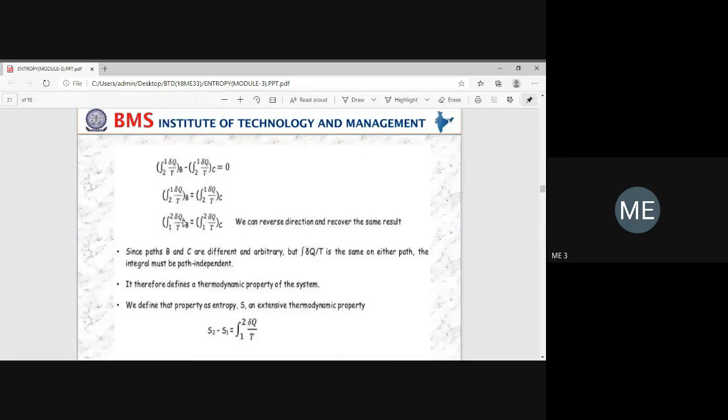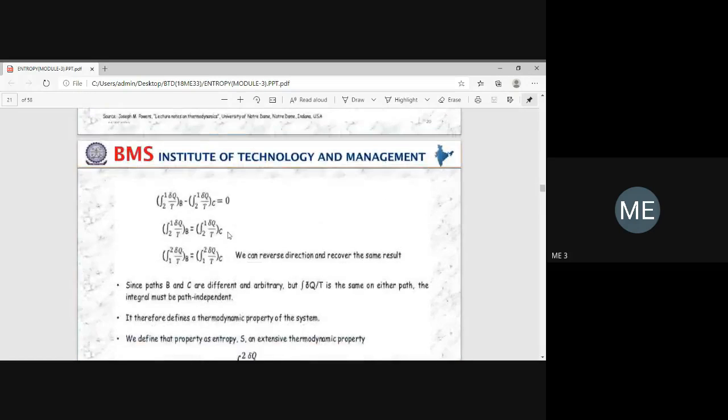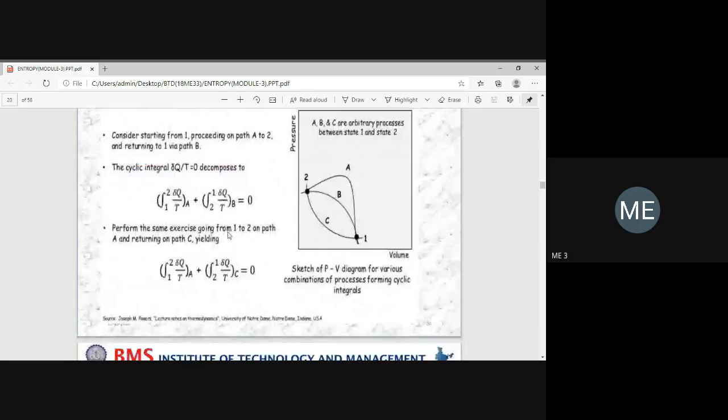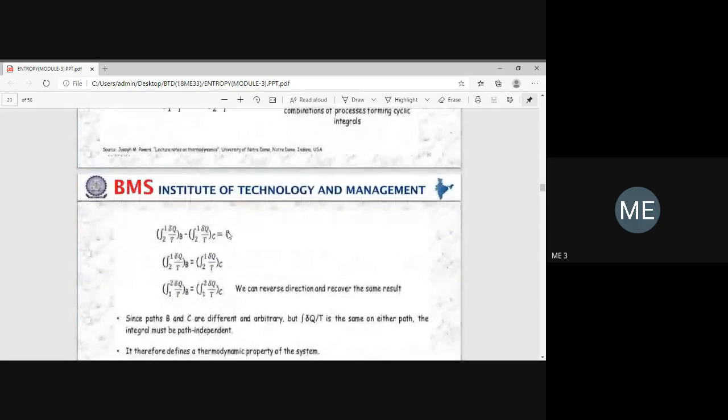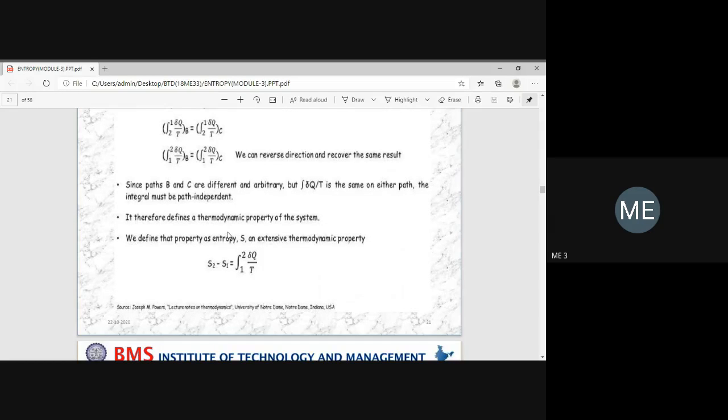That is, integration of dq by T for the path B is exactly equal to the integration of dq by T for the path C. Hence, we can say that thermodynamic entropy is a property of the system, and it is always independent of the path followed. Hence, it is a property of the system and also a point function. Whenever it is a property of the system, obviously, it is a point function.